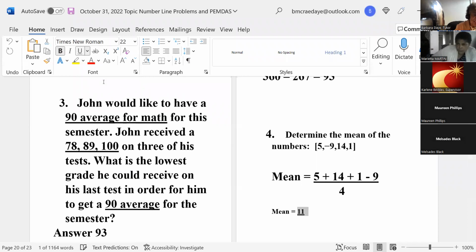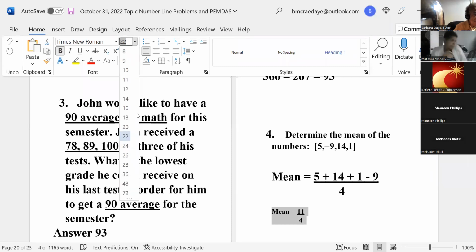Make it easy on yourself. Hold on. Add all your positives, subtract your negative. Make it easy on yourself, right? 5 and 14 is 19 plus 1 is 20. 20 minus 9 is 11. So you'd have 11 over 4.